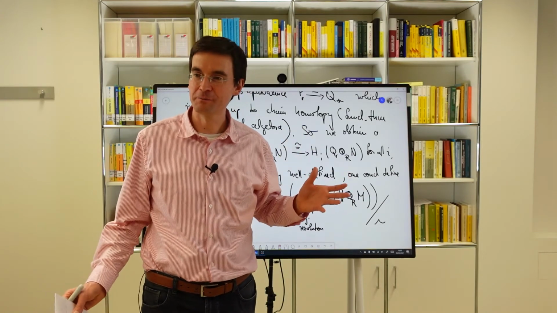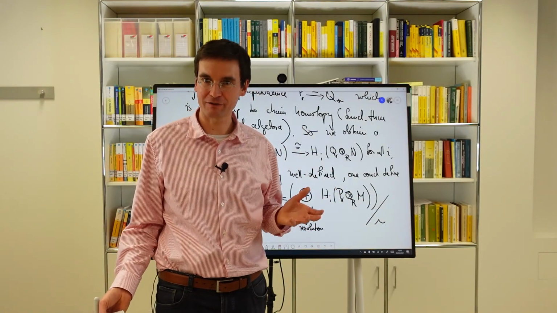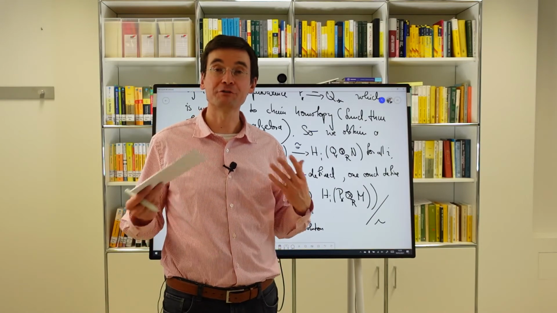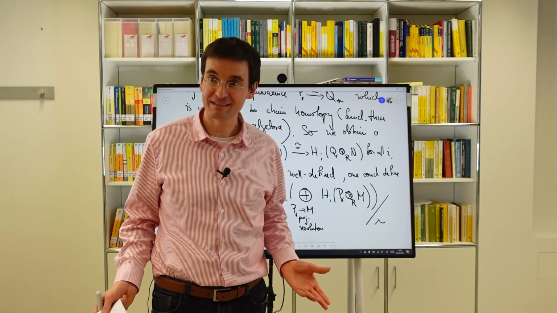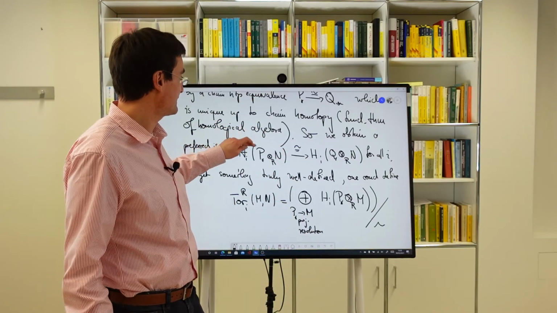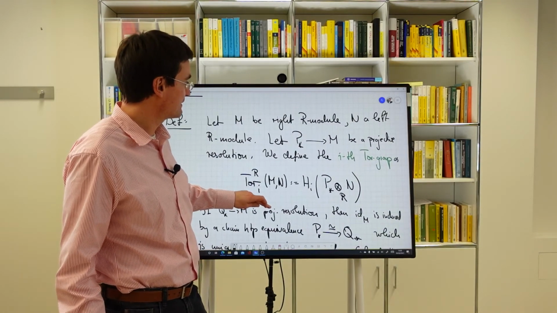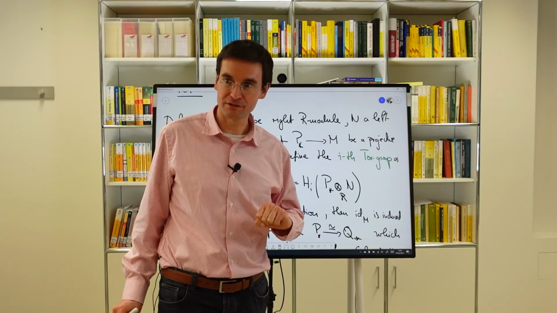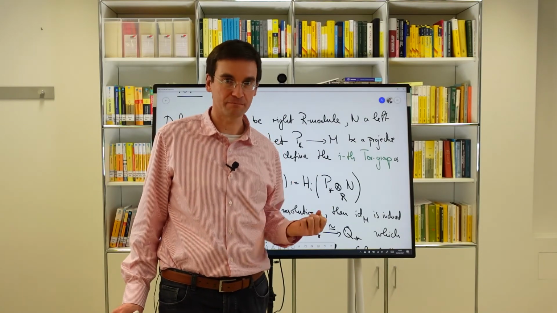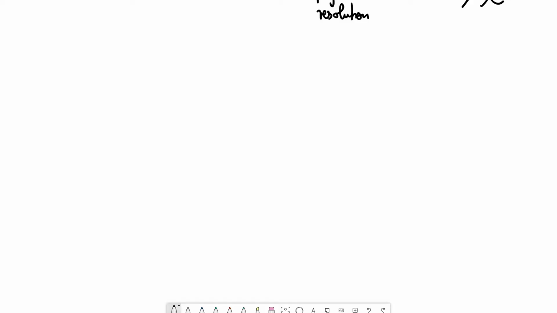So that's a stupidity that you can always do in such a situation. I want you to quickly forget about it and accept this definition that we have here as the right and working definition of the Tor term of M and N. So this Tor is actually a functor in both terms.